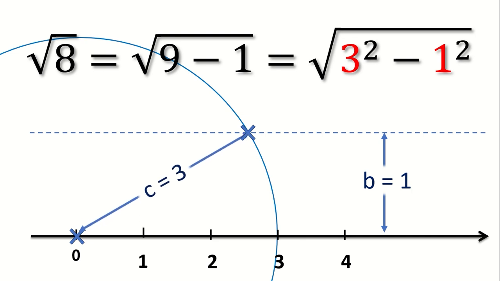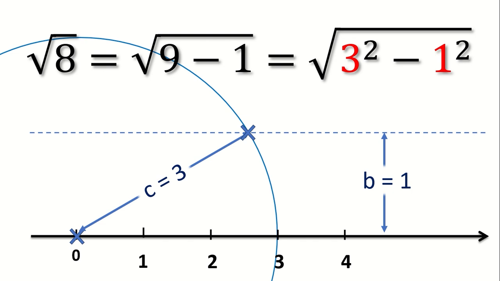And then at the intersection of the circle and the line, we put a mark and draw a line from that mark to the origin.